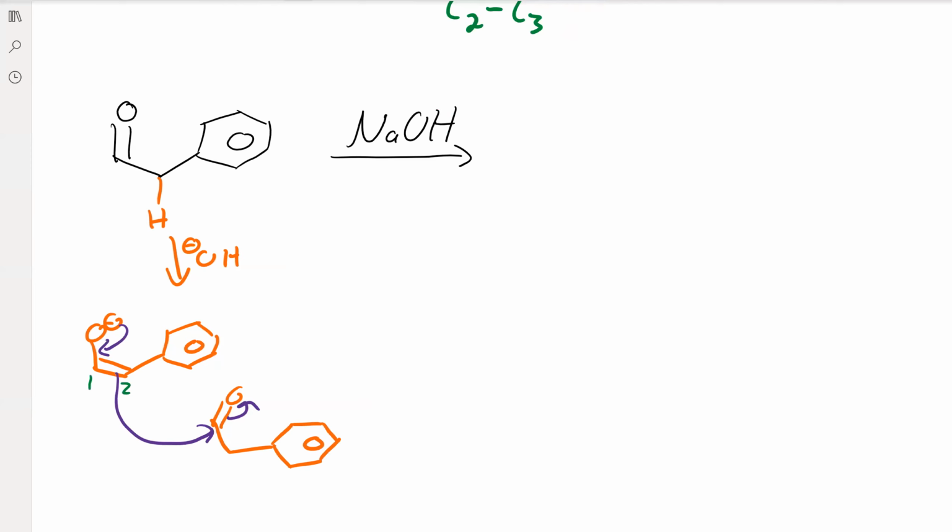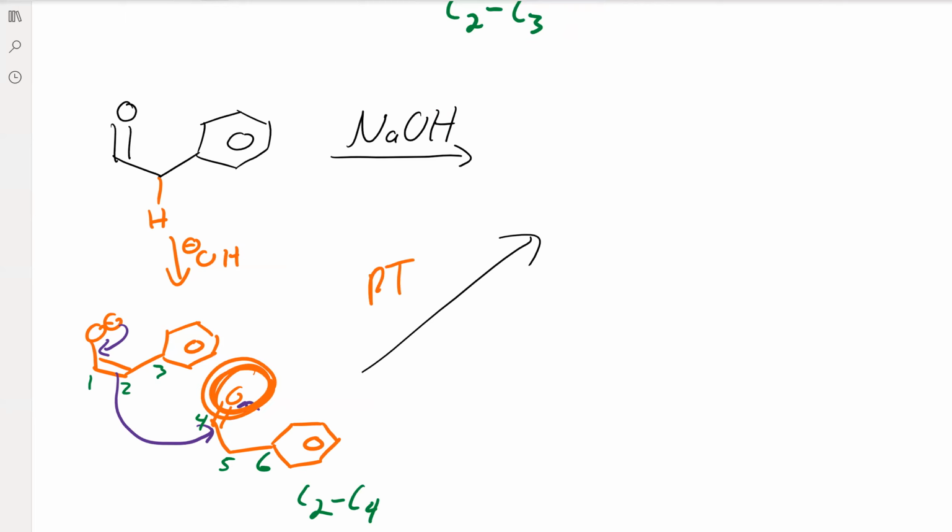And it's carbon number 1, 2, 3, carbon number 4, 5, and 6. And then you can see the bonds that are formed are between carbon number 2 and carbon number 4. And then, of course, we have a proton transfer step to reprotonate the O- that would be formed right there. And then you can go ahead and draw out your product. Right, this would be carbon number 1, 2, and 3.